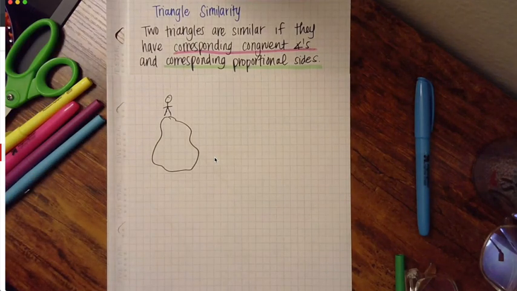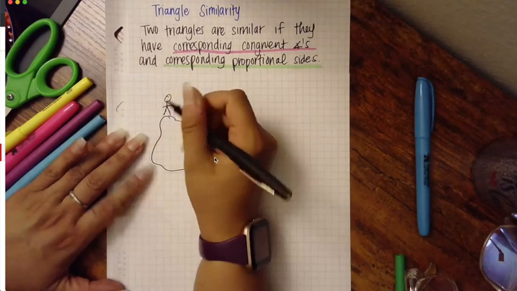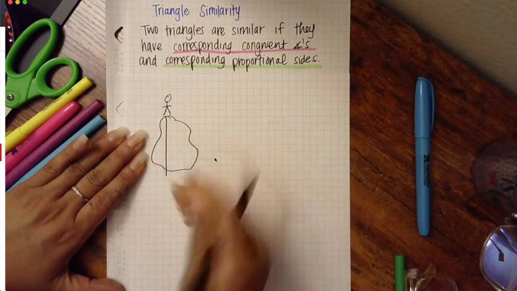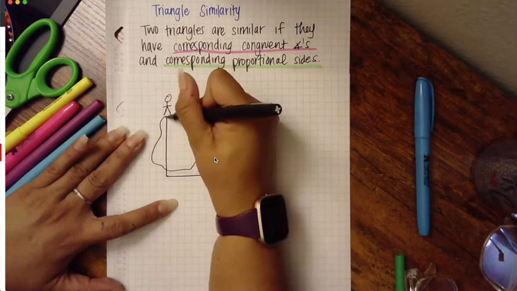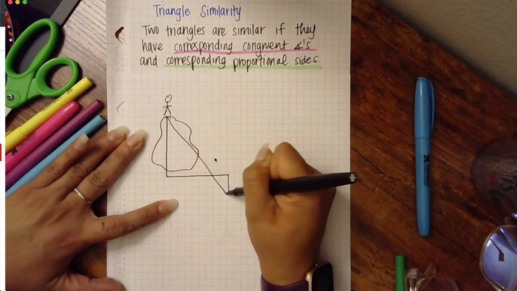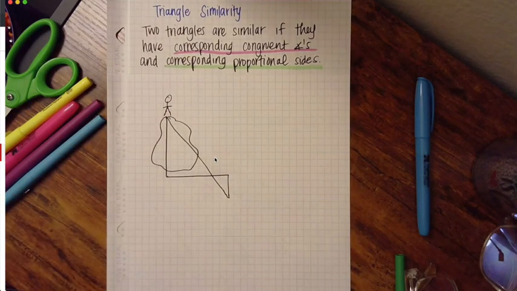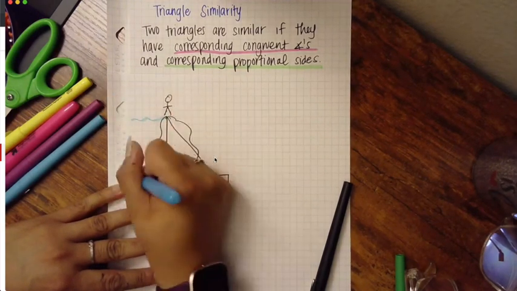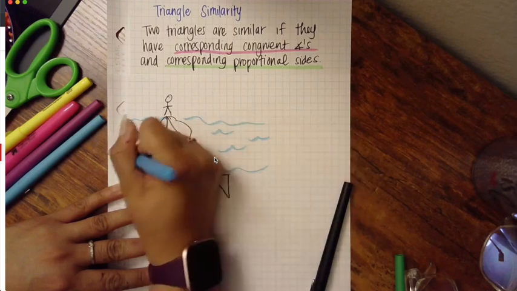And on this rock, this person is able to measure this distance here that they have here, just like this, okay? So he's standing on the rock, and there's a river here.